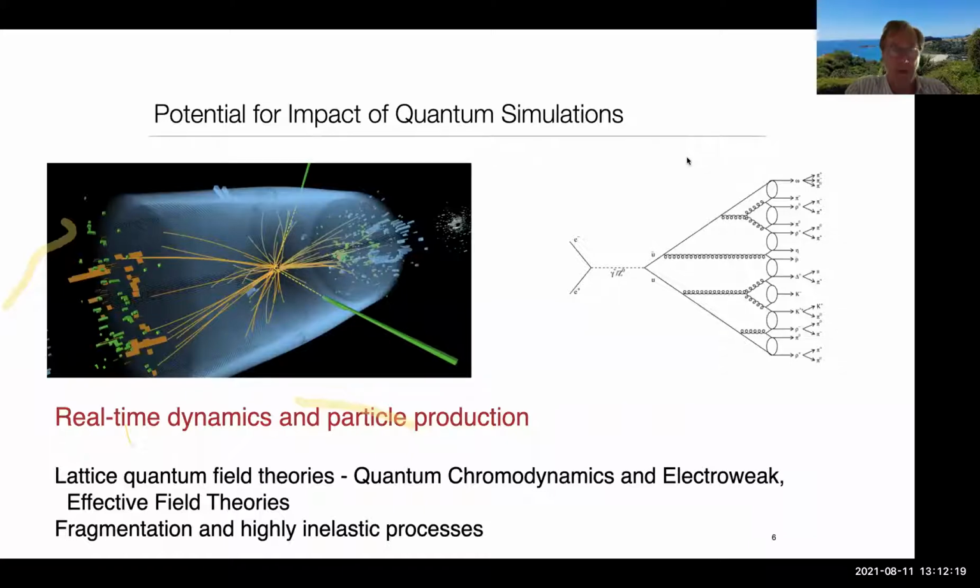At the moment, we don't have the capability to perform computations from beginning to end of such an event. Time evolution in Euclidean space, where we formulate our field theories at the moment with lattice QCD, for instance, is just unable to perform such computations. On the other hand, quantum computers are designed for Hamiltonian evolution and real-time dynamics, and as such, processes like that then become a possibility for the future.